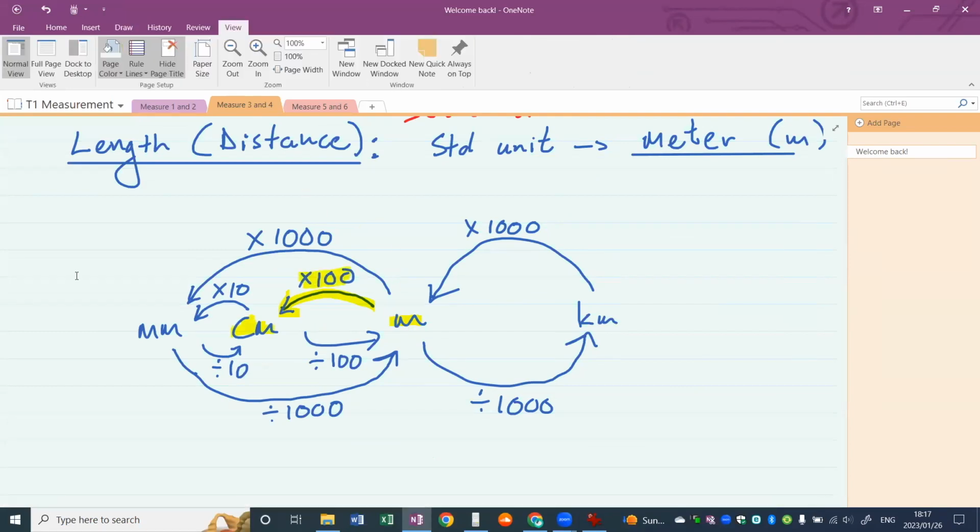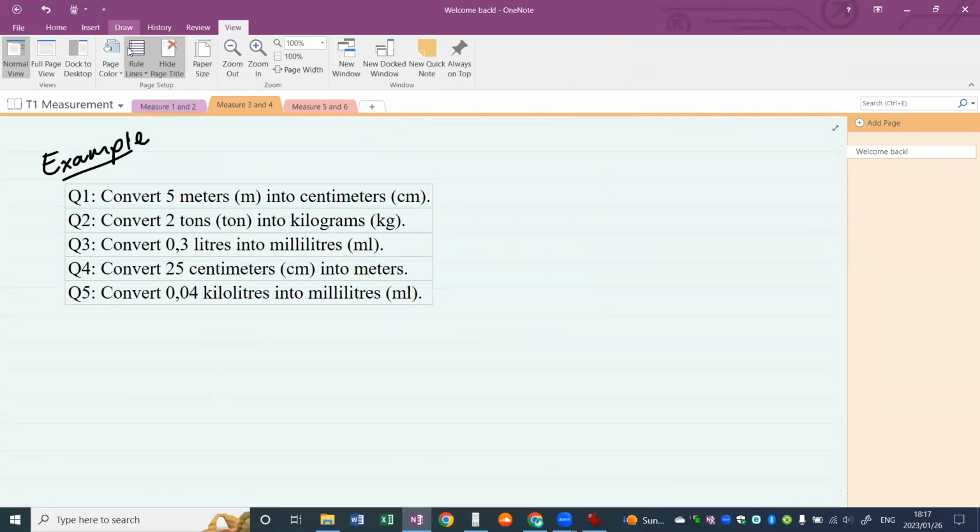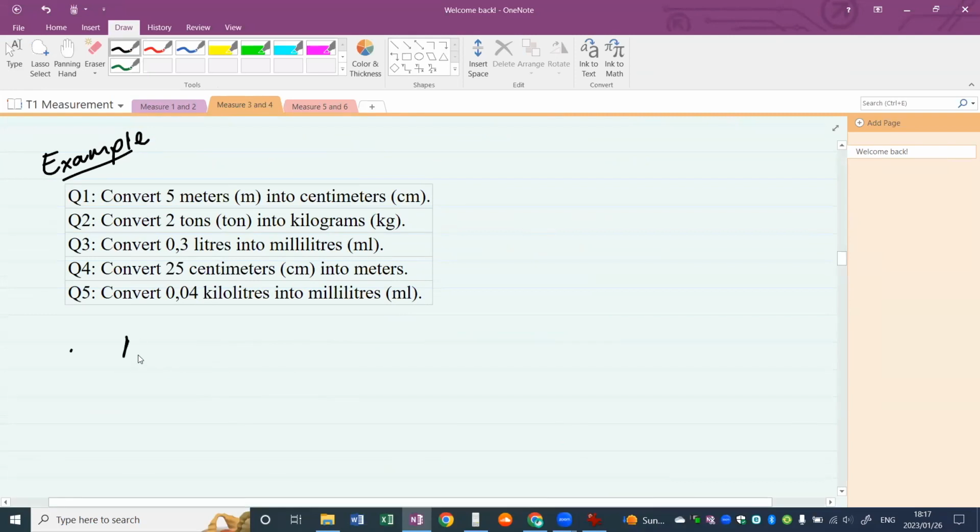Let's go down to our question now. I need to times by 100. So the answer for question 1, I take 5 meters and I times it by 100. And I will get 500 centimeters.